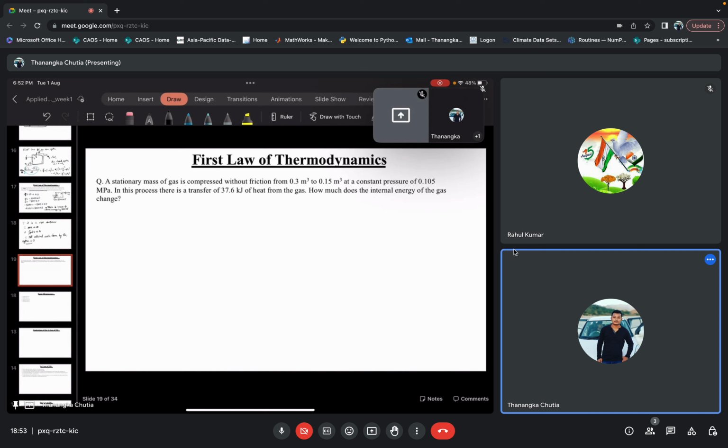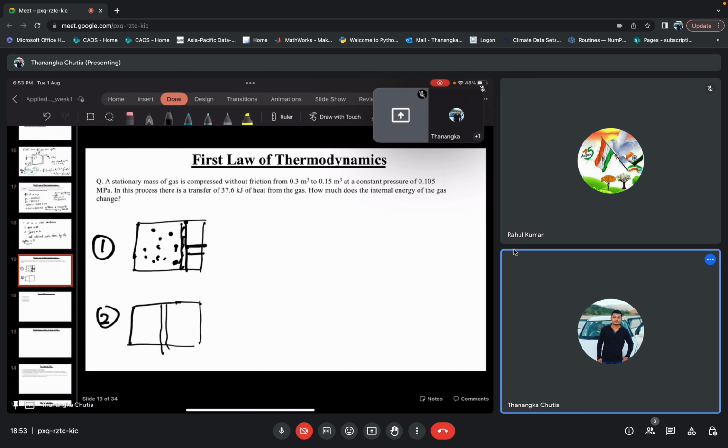Okay, so what it is telling us is that a stationary mass, some gas, was present here, and say this is a piston arrangement. This is my initial state 1. Now it is compressed to state 2 in such a way. This is my state 2.